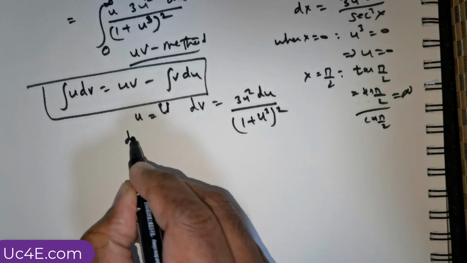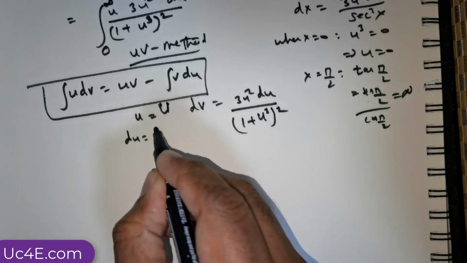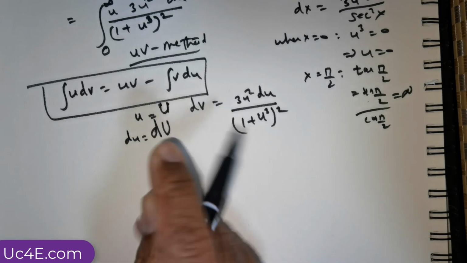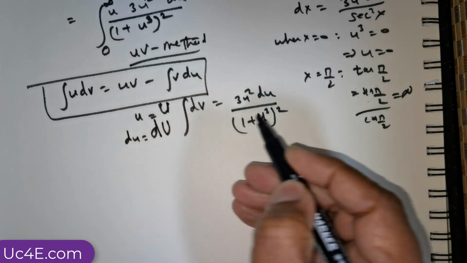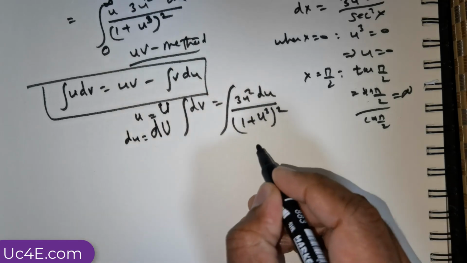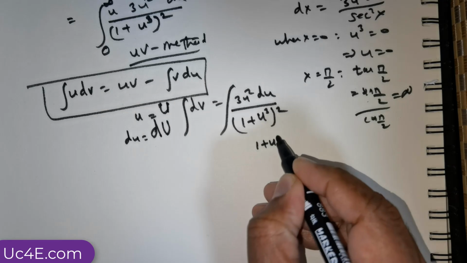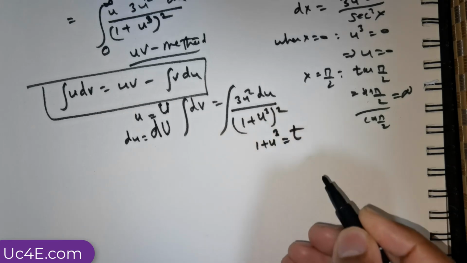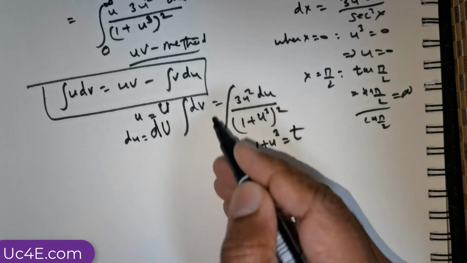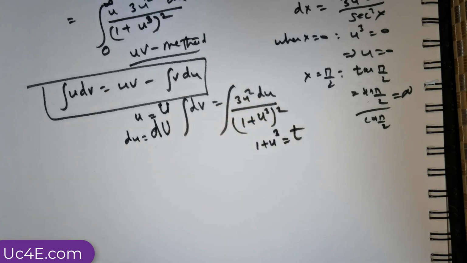Clearly, when I differentiate, this gives du, and to find v I need to perform this integration. So I would like to take 1 plus u cubed equal to some t. I'm not going to have any limits there.